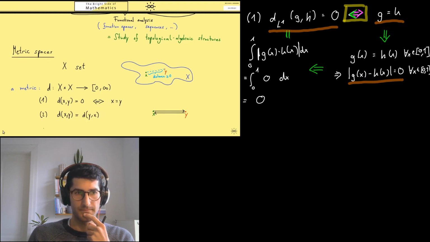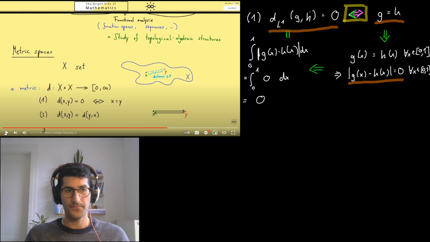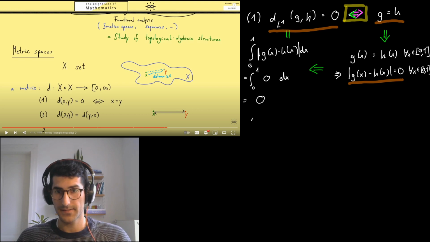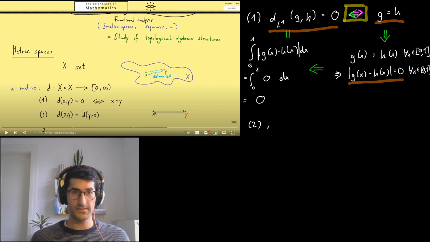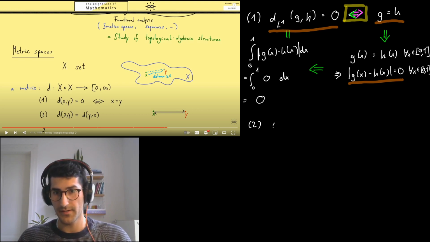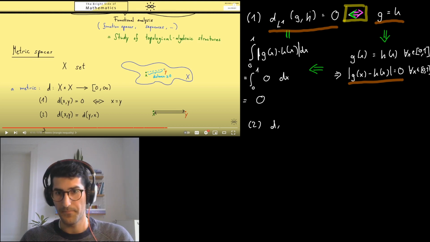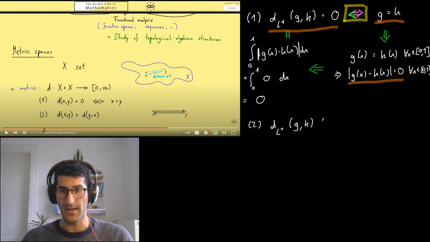And now the last property is where. So symmetry means the distance from one point to another is the same as from the other point to the first one. Let me just write it down here. So this means the L1 distance of two functions g and h is the same as the L1 distance between h and g.